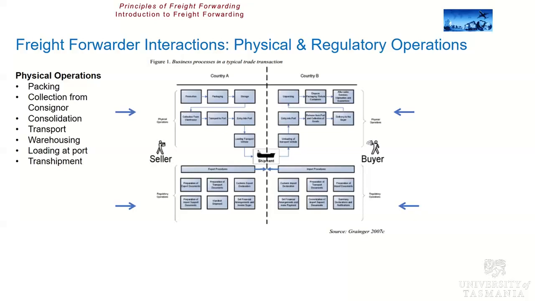Now, transshipment, I'm not sure we had that on our list, but let's just put that up there as a separate area or function or service that's offered by a freight forwarder. So we're building up a strong sense of what they do.